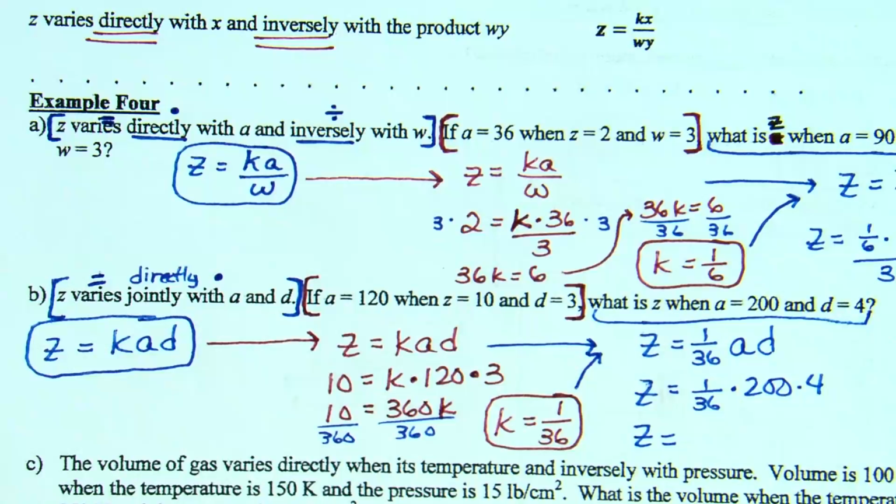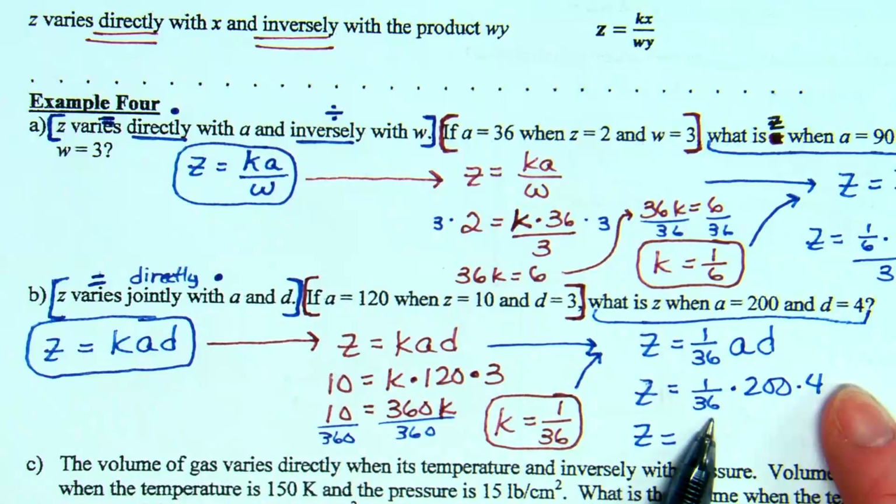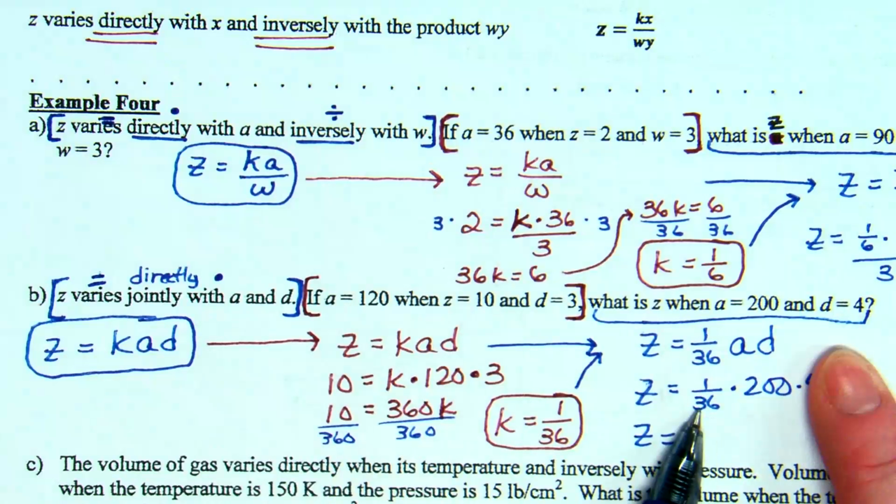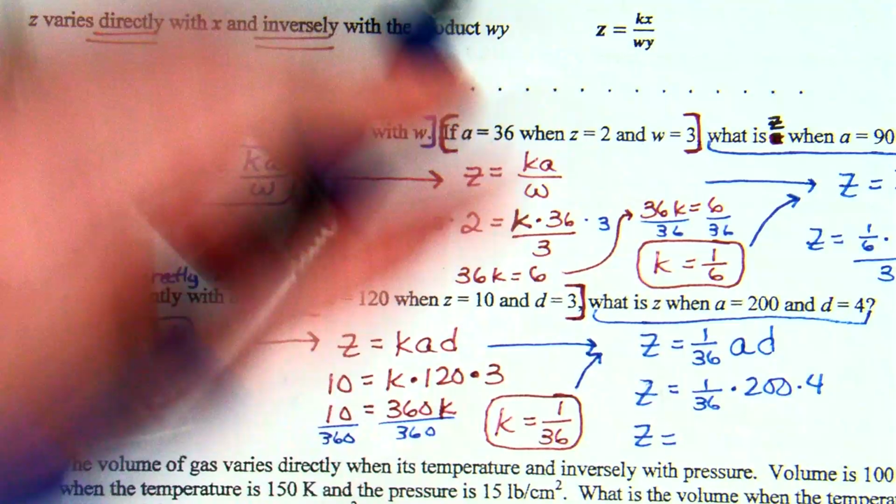If I do a cross-canceling step, I don't know, would you guys like that or not? What do you know about 4 and 36? They can both divide by 4. So that 4 is gone. 36 becomes a 9. What am I left with here?